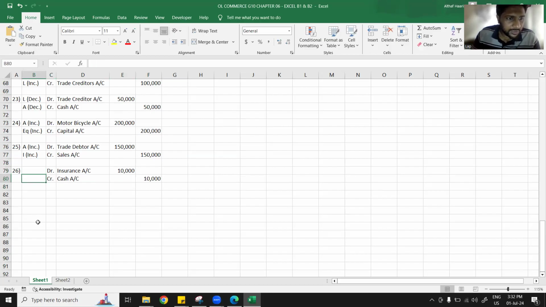So this is reduction of asset, and you are making a payment for an expense.